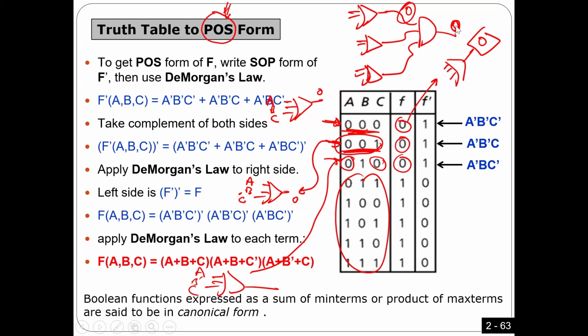That's why I guarantee I get 0. Okay, what about the ones? Do you guarantee I'm going to get ones? In this case, the answer is yes. Why? Because I designed this OR to give me 0 in this case and give me 1s in other cases. So in other cases, this one will give me 1, 1, 1. You understand what I'm saying?